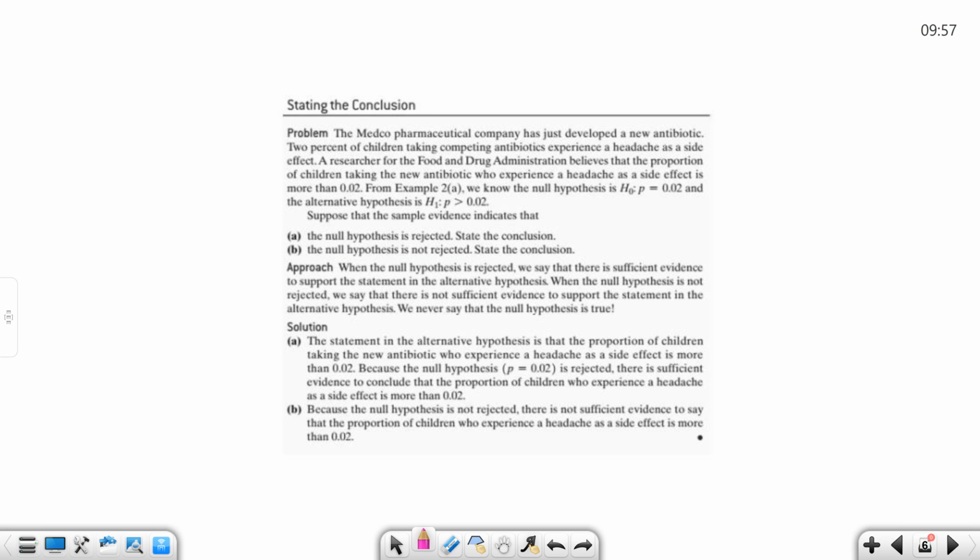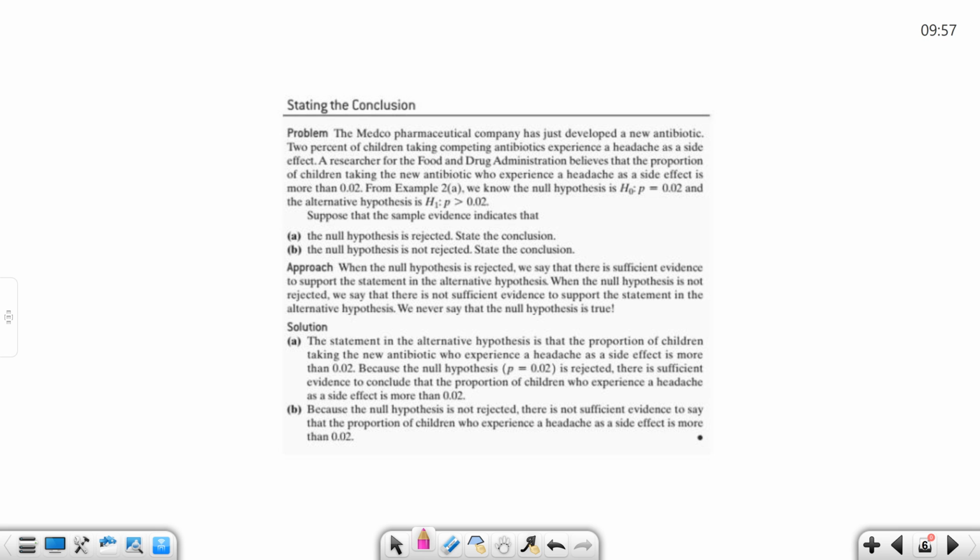So if I got sufficient evidence before to reject it, guess what? We're going to say here, there is not sufficient evidence to say that it's more. So if there's not sufficient evidence to say it's more, that means we're keeping the equals part, 0.02. We're keeping the null hypothesis here, all right? It's not rejected.